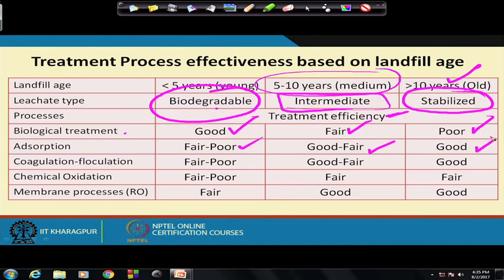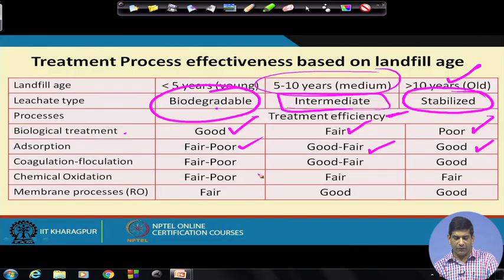The contaminants can be adsorbed on the surfaces provided. For coagulation and flocculation, initially you don't have colloidal particles, but they start building up.